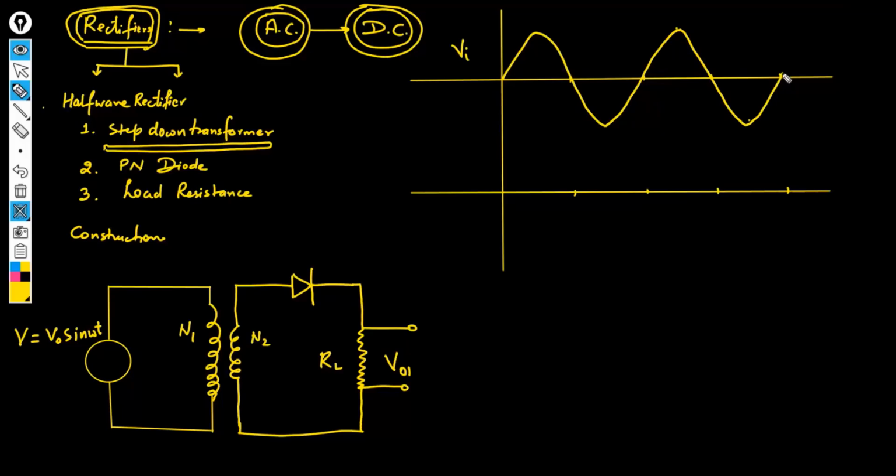Sinusoidal function we know very well. This is positive, then negative, then again positive, then negative. So 0 to T/2, then T, 3T/2 and 2T.